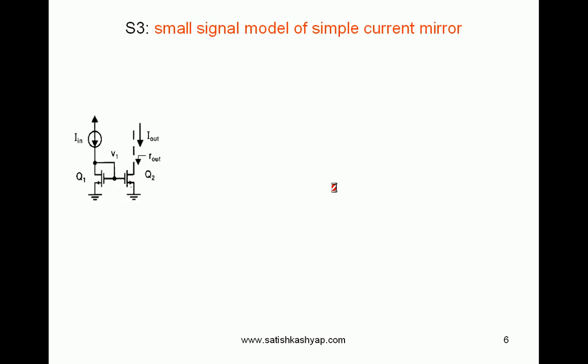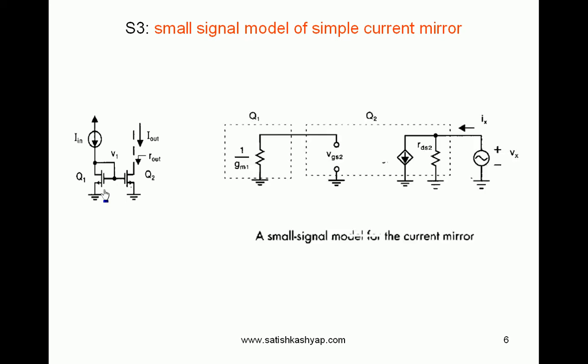Now we have to draw the small signal model for the entire simple current mirror. This is a simple current mirror. Till now what we have seen is nothing but a part of the simple current mirror, that is the Q1 side. Q1 side can be replaced with 1 by GM1. So we are dividing it into two parts, Q1 side and Q2 side separately.